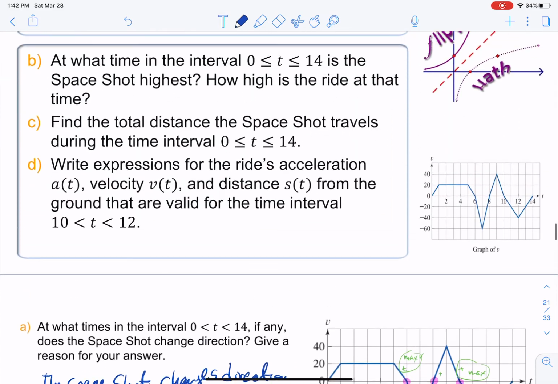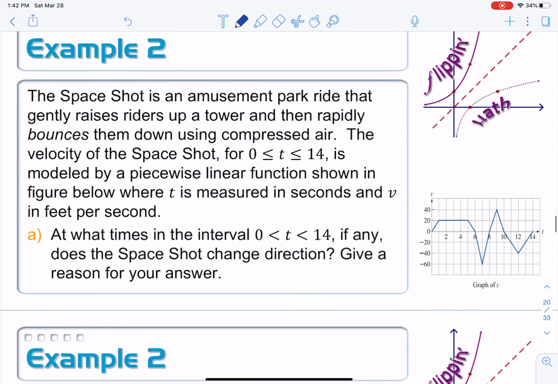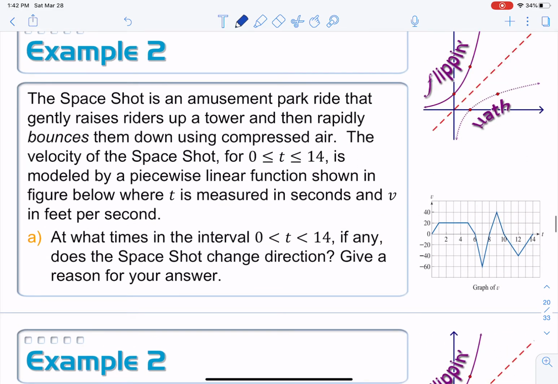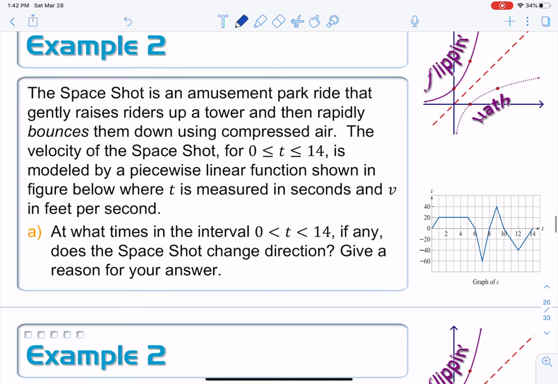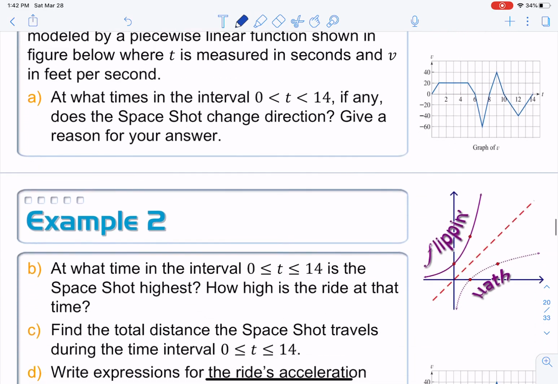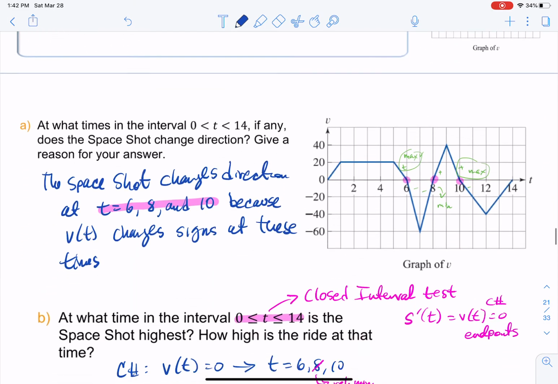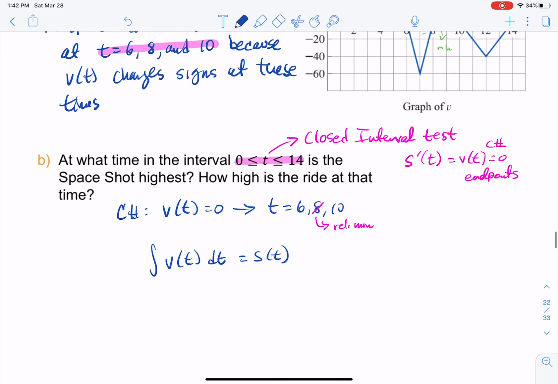Well, I think in here someplace it says that it starts on the ground. I'm going to assume that it starts on the ground, because how else is everybody going to get onto the ride unless it starts on the ground? So it's going to start on the ground and then go up to some x value.